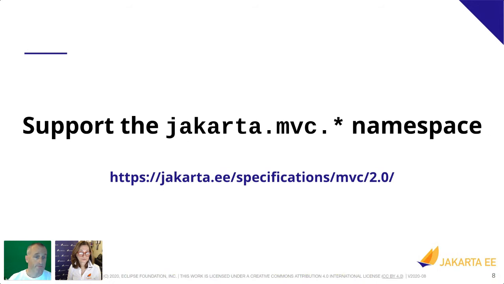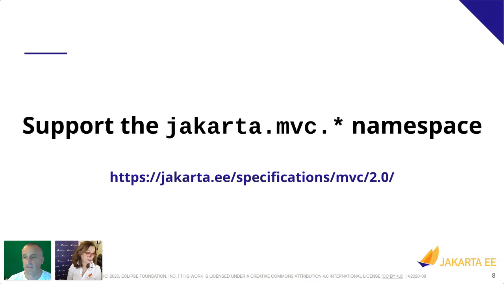So if you're on a Java EE 8 or Jakarta EE 8 runtime, you need to use version 1.0 or 1.1. But if you're on a Jakarta EE 9 runtime, you want to use version 2.0, and it's available. You can use it. It's out there. And here Hansi is pointing out the example that he has built based on MVC.